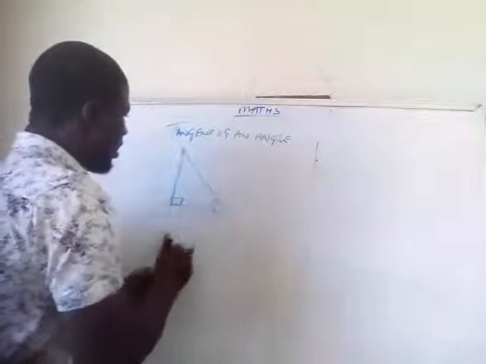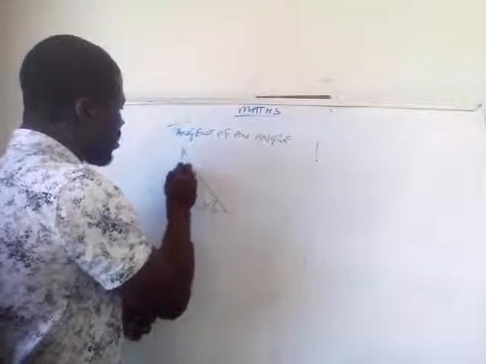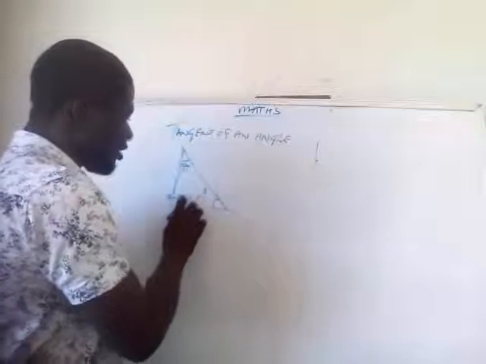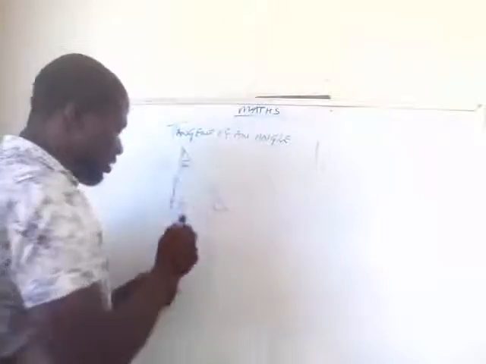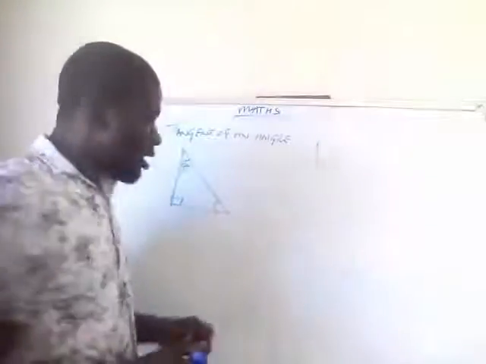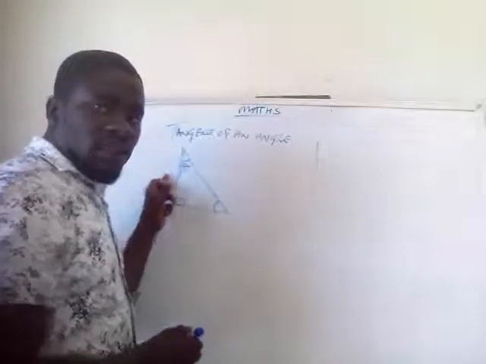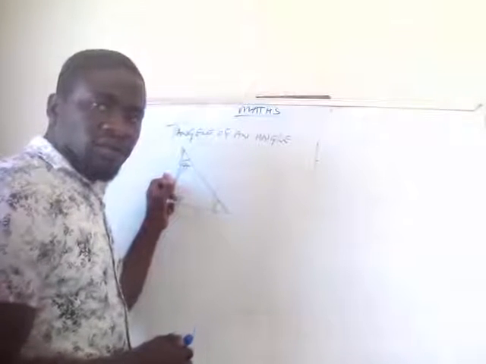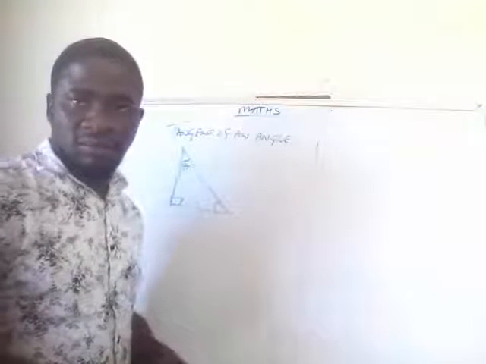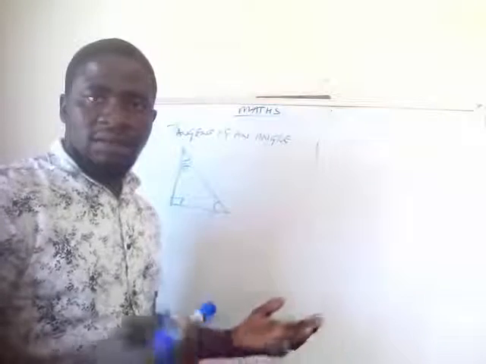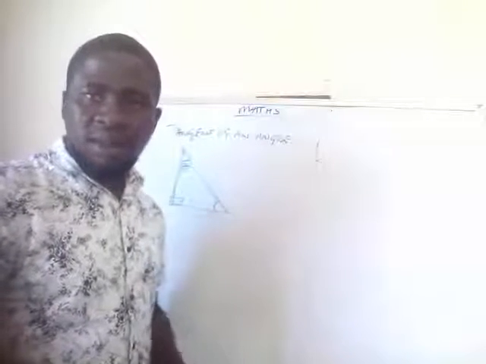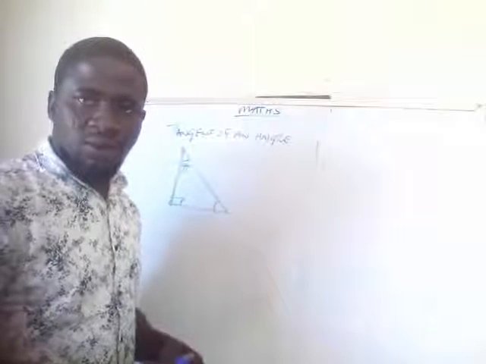If your angle is here, this one that is facing the angle is the opposite, and this side that is not facing it is the adjacent. So that's the major thing about a right angle triangle.